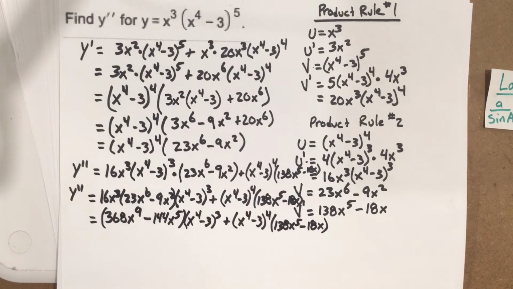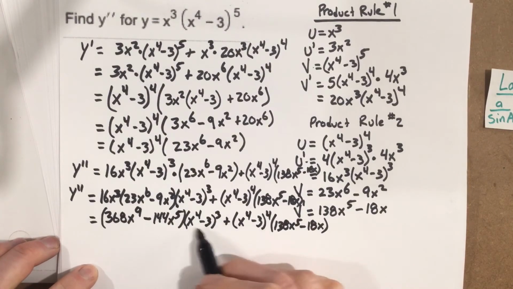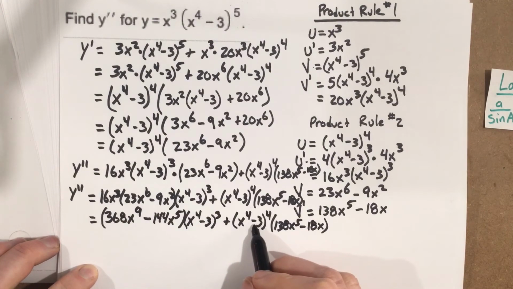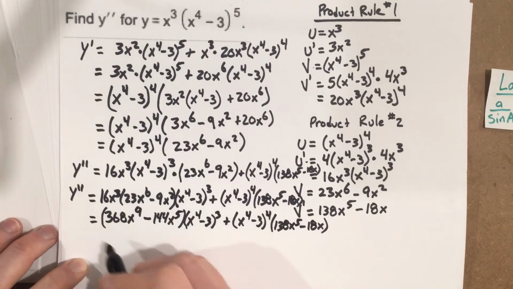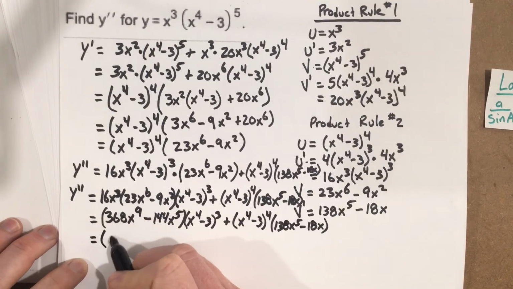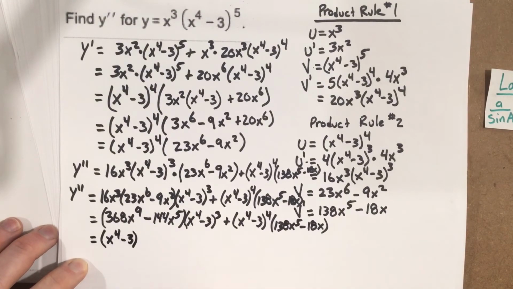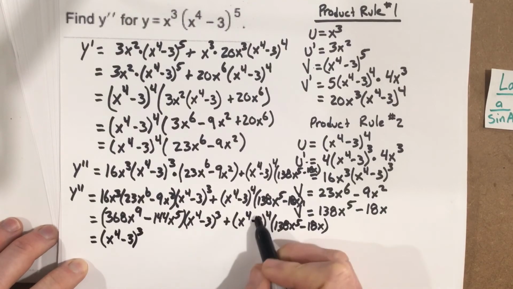Alrighty, I think the next step for us would be to factor out x to the fourth minus 3. So let's do that. Let's factor out x to the fourth minus 3, and that would be (x to the fourth minus 3) to the third power. We're going to take 3 of them out.